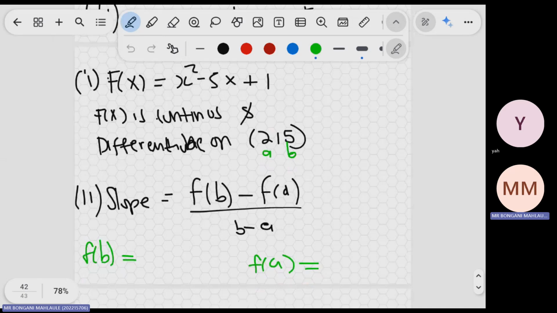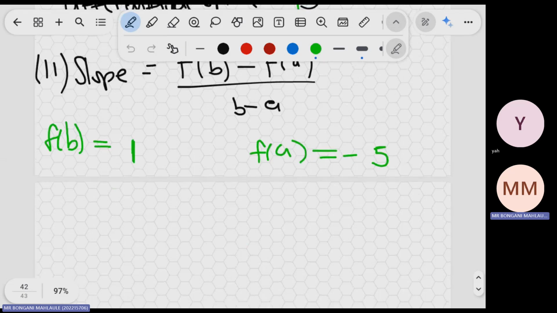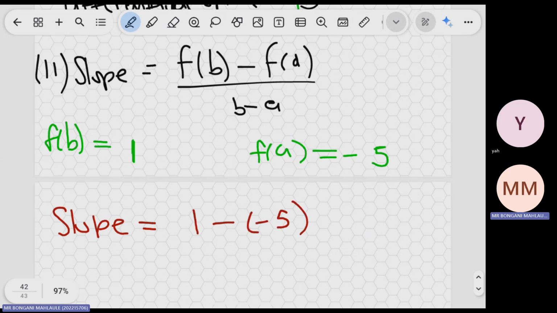So now let me substitute. You'll get -5, then our f of b, you'll get 1. Now I will substitute on the slope. So our slope is 1 minus -5.